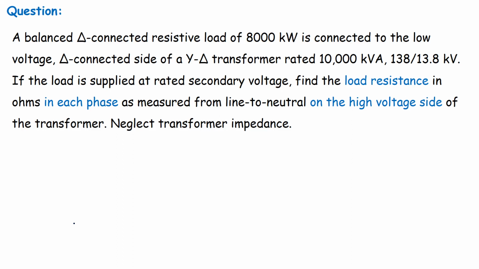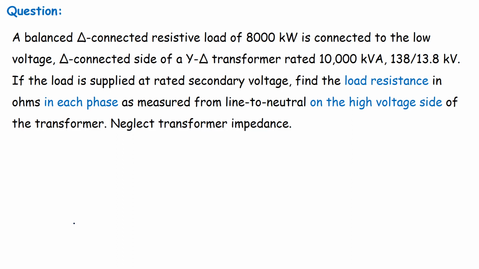Okay, so let me reread the statement and extract the important information. There is a balanced delta connected resistive load and the three-phase power consumed by this resistive load is 8,000 kilowatts, and this resistive load is connected to the low voltage side of a Y delta transformer, and the delta side forms the low voltage side of the transformer.